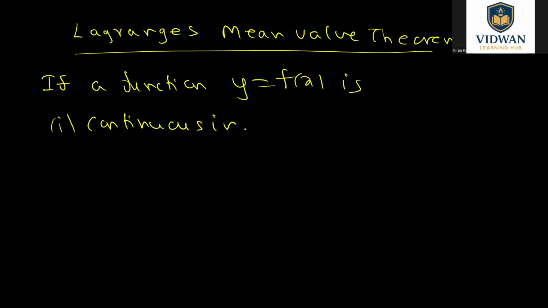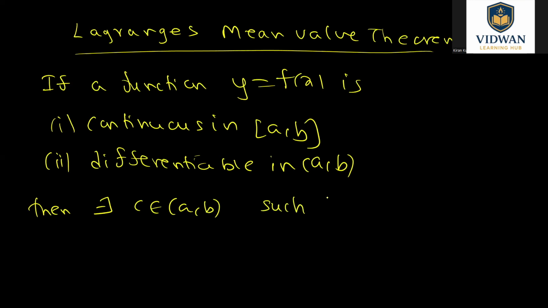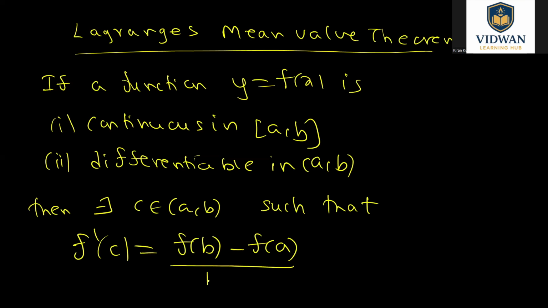So if a function is continuous in closed interval AB, then differentiable in open interval AB. So here we don't have f of A equal to f of B. Then there exists C in open interval AB such that f dash of C is equal to f of B minus f of A divided by B minus A.